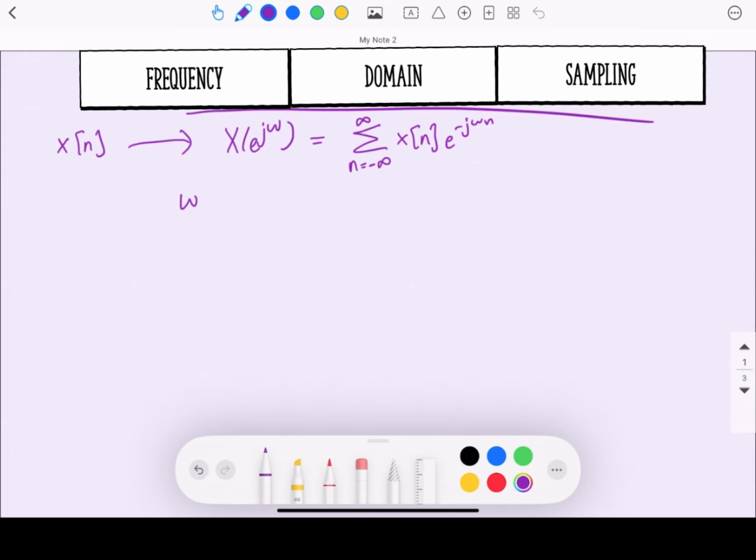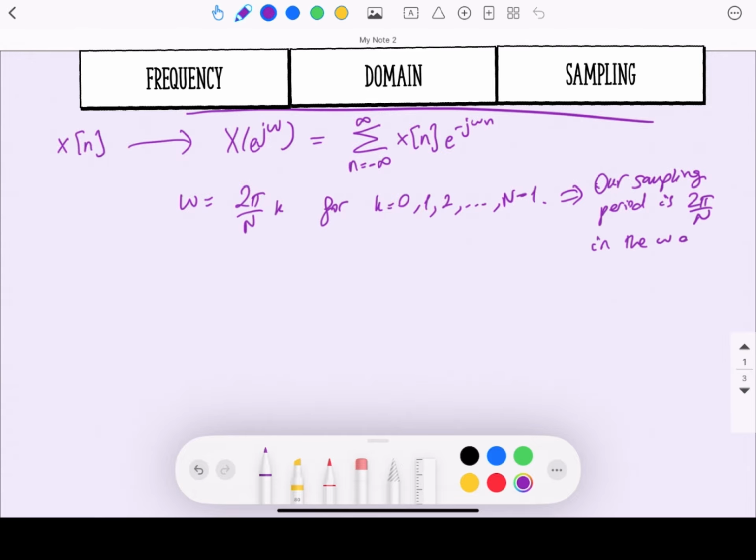So we let omega equal 2 pi over N times k, for k equals 0, 1, 2, up to N minus 1. This means that our sampling period is 2 pi over N in the omega domain.